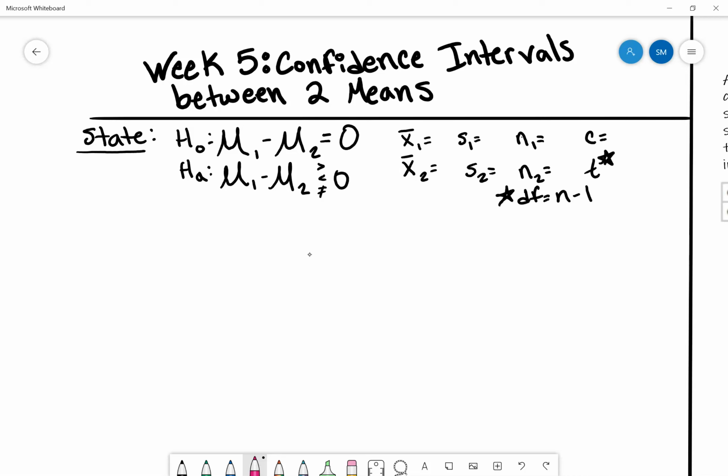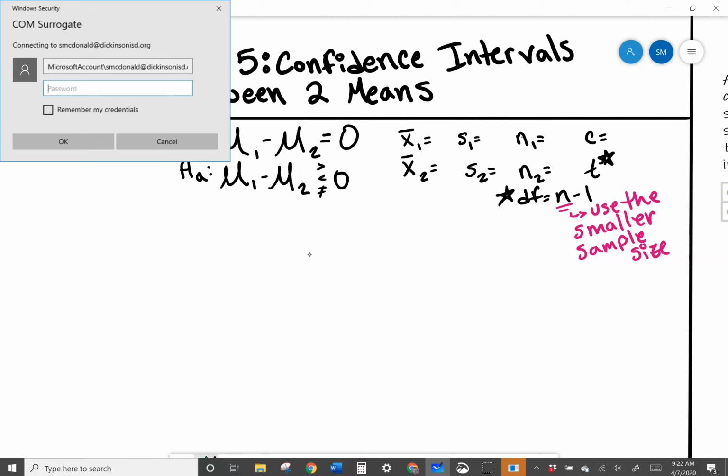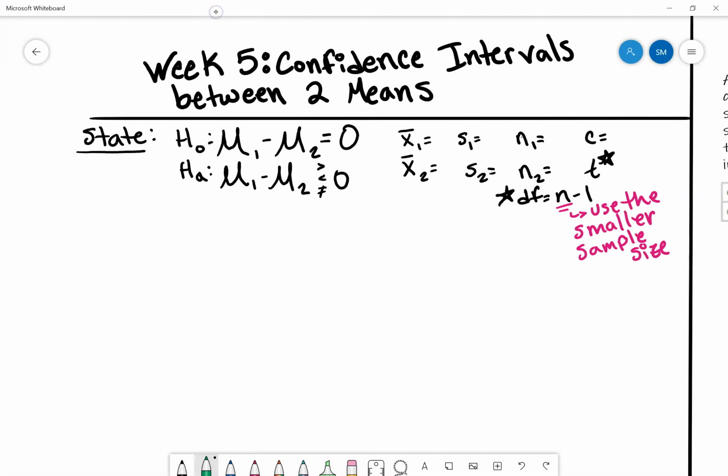So, whenever you're figuring out which n to use, you are going to use the smaller sample size. So whichever one has the smallest number, that's what you're going to use. So let's go ahead and jump into plan.